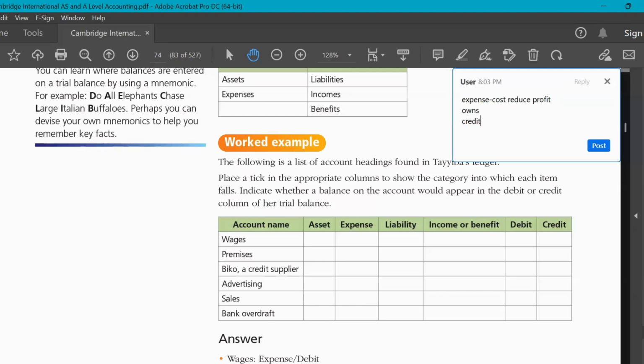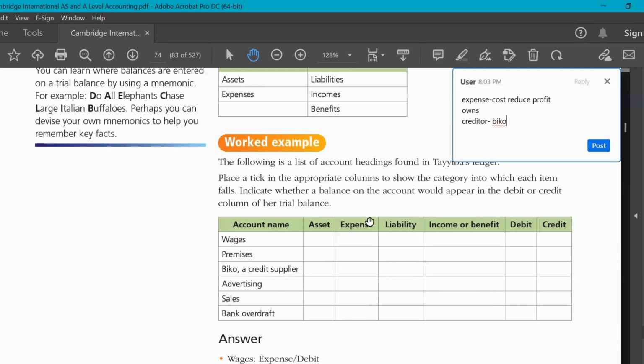When we say BICO is a creditor, it means that he is someone that the business owes money to. So it means that you have to pay BICO. So it means that you increase your liability.